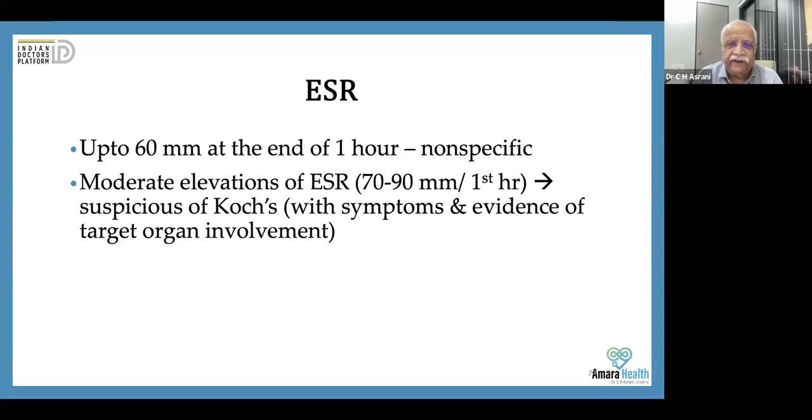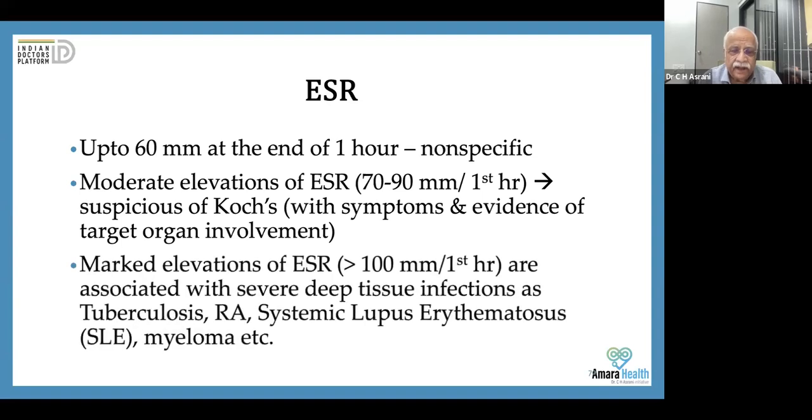With symptoms and evidence of target organ involvement, some lung, some node, something you have to see. And marked elevation above 100 at the end of 1 hour is associated with severe deep tissue infection such as tuberculosis, rheumatoid arthritis, SLE, myeloma, etc. So you need it very high.